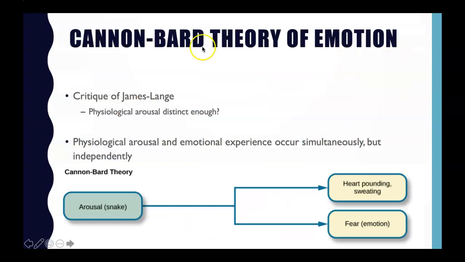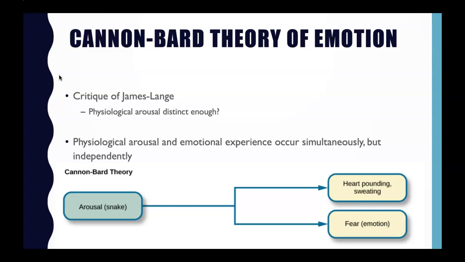Now with the Cannon-Bard theory, this was a response to James-Lange, and it was saying, you know what? I get that you want to look at physiological arousal, but are those cues distinct enough? Can we really differentiate fear from nervousness, right?